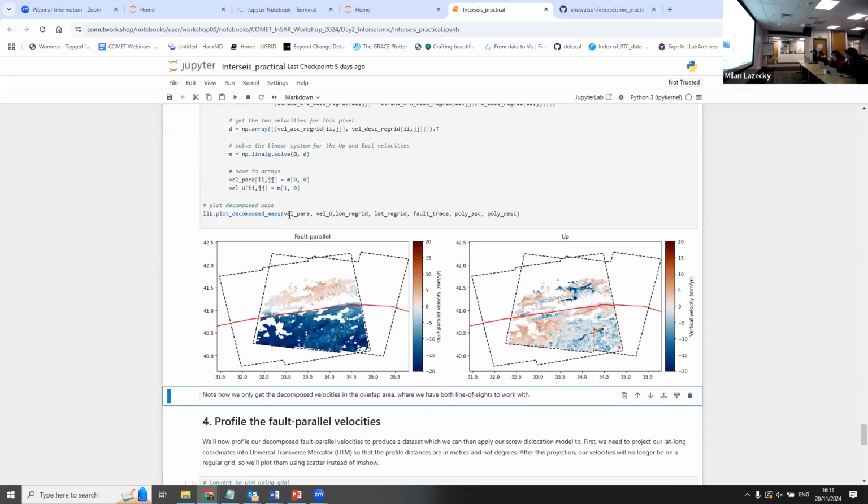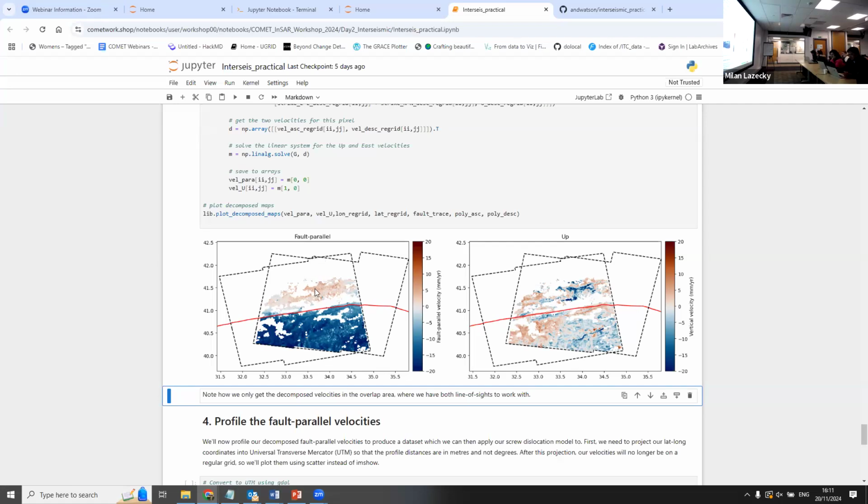Now we can see the fault-parallel component and the vertical component from the line-of-sight velocities. From these two figures, you can observe the different pattern at two sides of the fault clearly in the fault-parallel components.